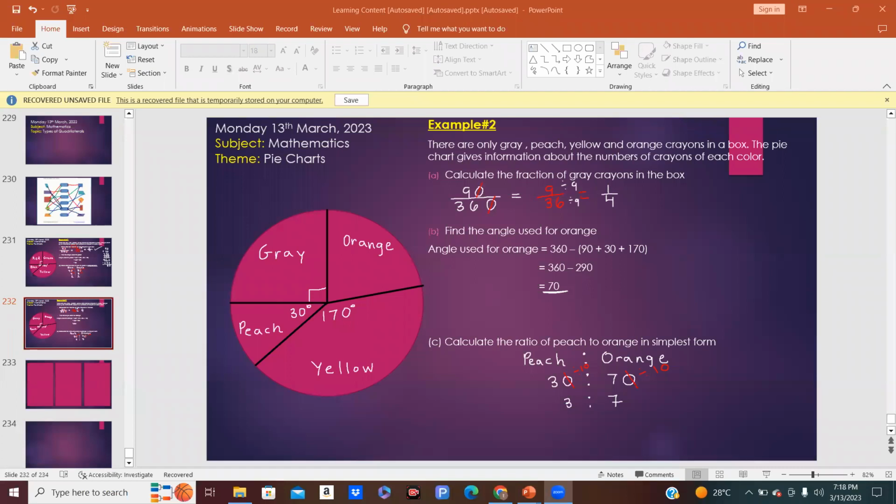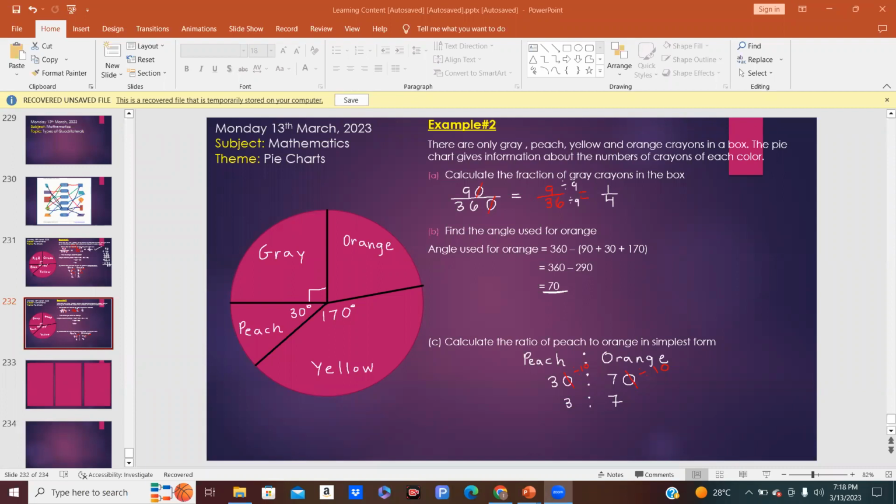Okay, so for example number 2, it says that there are only gray, peach, yellow, and orange crayons in the box. A says that we have to calculate the fraction of gray crayons in the box. Since gray is a right angle, we know that it equals 90 degrees. We put that over 360 because all the angles in a circle add up to 360.